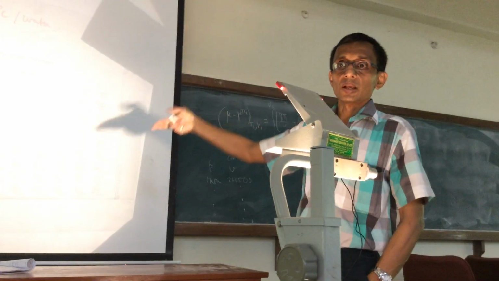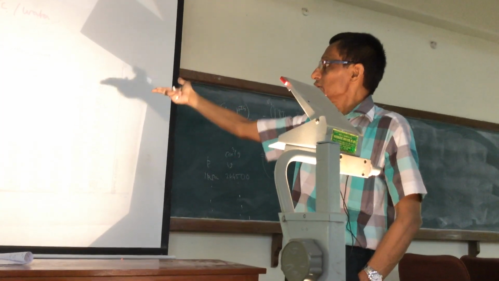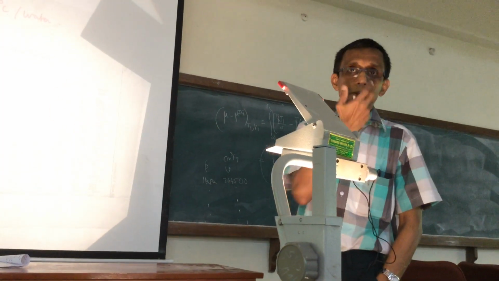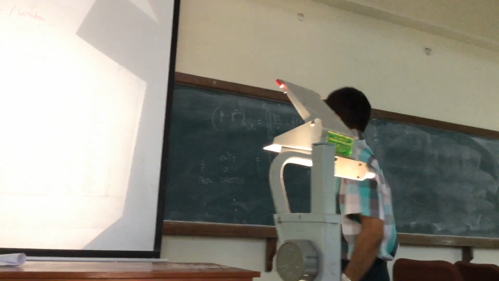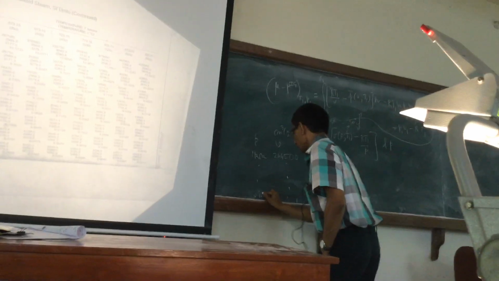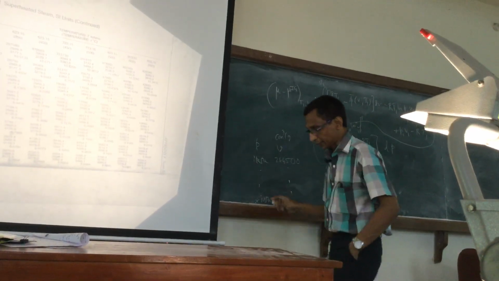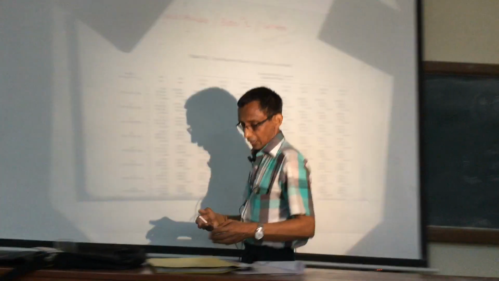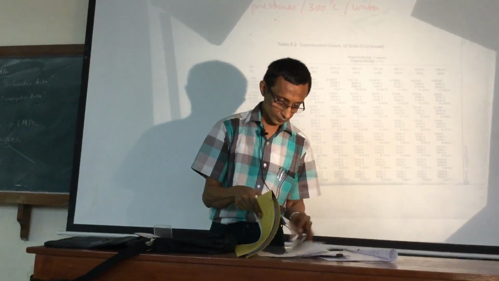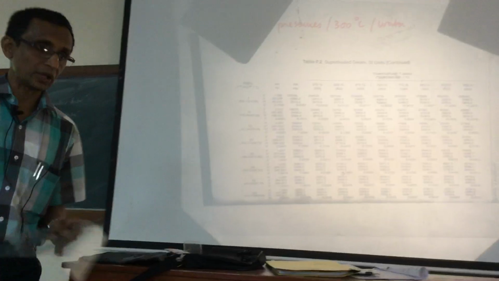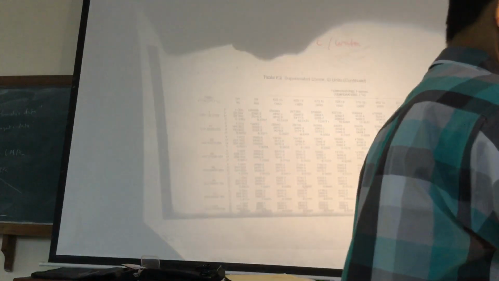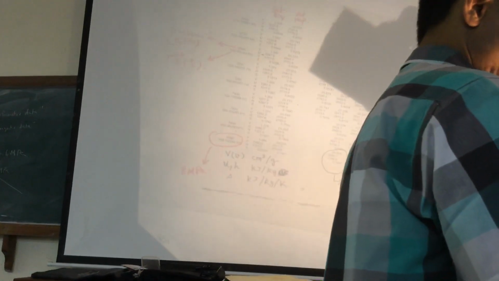So this is far away. These tables will run. If you are tired of noting each one of these values, you can take it at a slightly longer interval. But you have to go all the way up to P equal to 8 megapascal, and that I have the values in this table. Probably this is the superheated steam. You can see how much it would have reduced. Here, 300 degrees centigrade. Here you can see the units are clearly written.